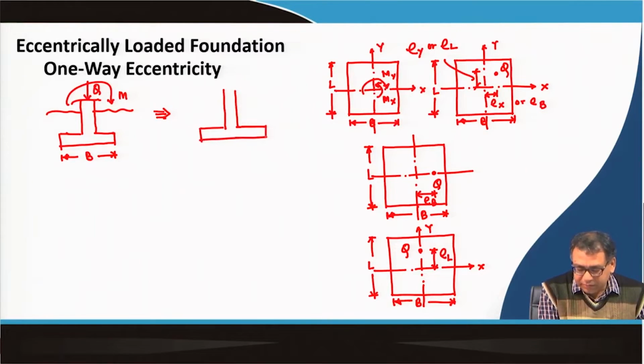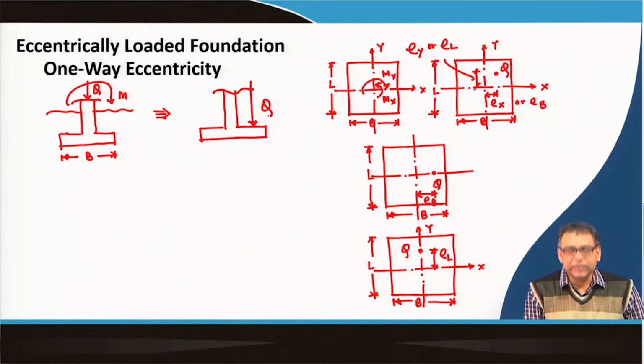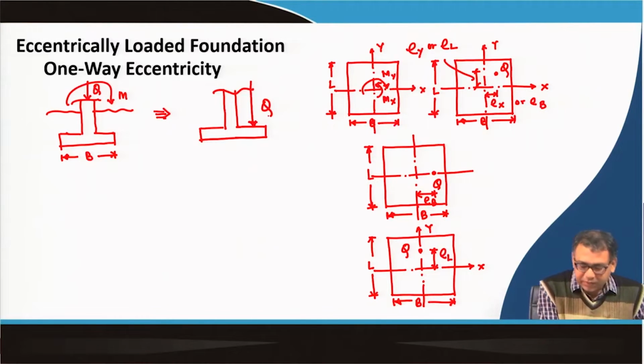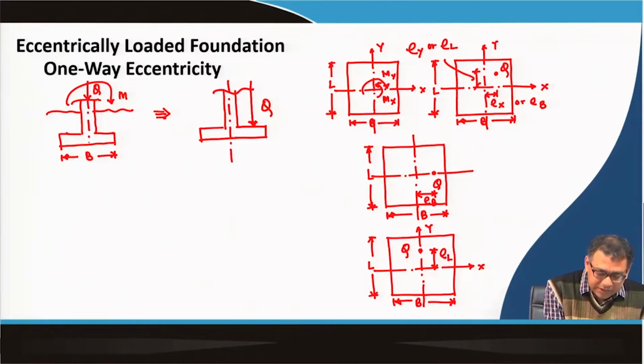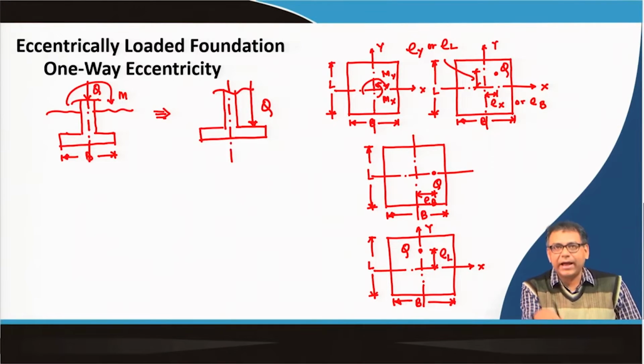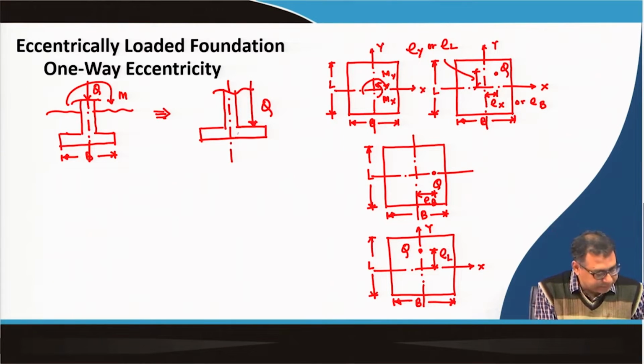This is my foundation. The loading is acting here with an eccentricity. This is the center line, because a moment is acting, and sometimes the column will act directly at a certain distance from the center. So this is B.